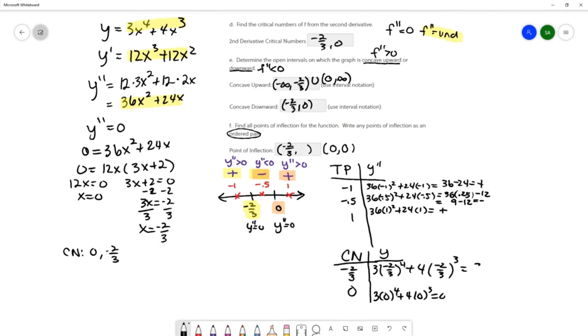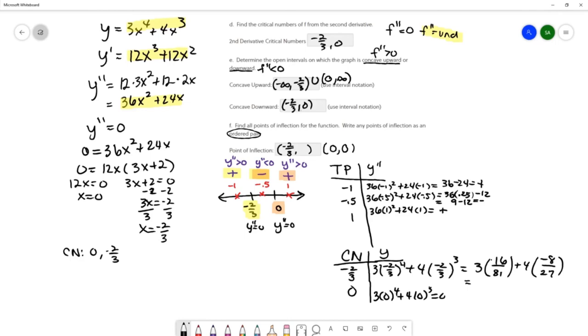So that's 3 times 16 over 81 plus 4 times negative 8 over 27.